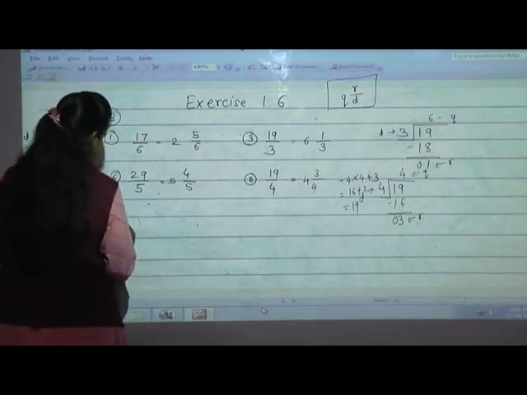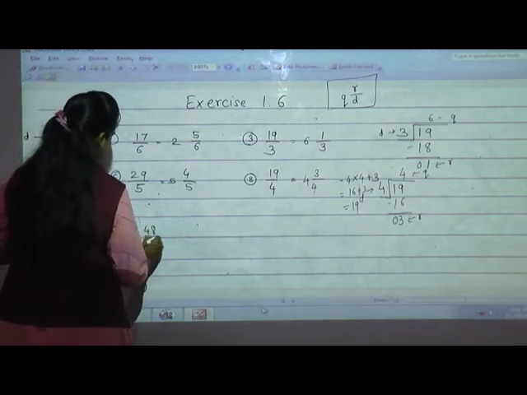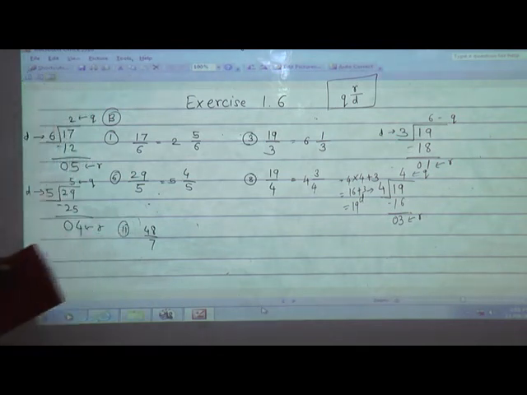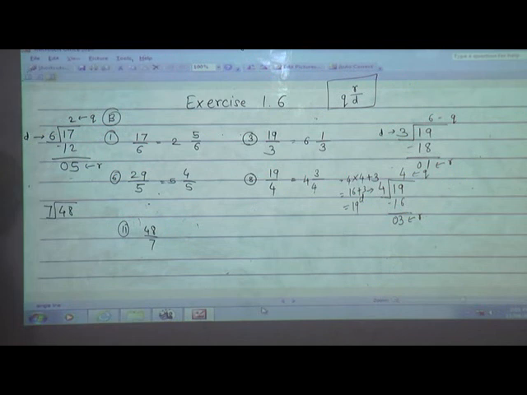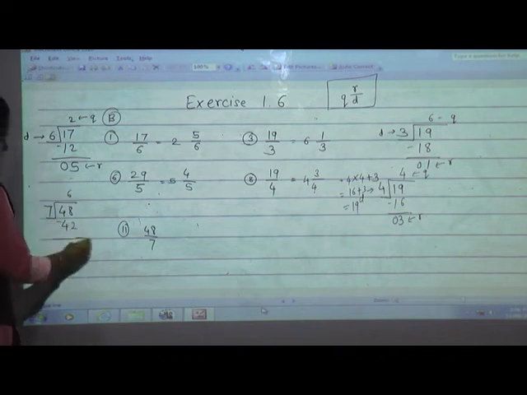11th one. 48 divided by 7. Now we need to do rough work. Yes, tell me, in 7 table 48 is there? 7 7s are 49. No, 7 6s are 42, isn't it? So write. So how many will remain? 6.